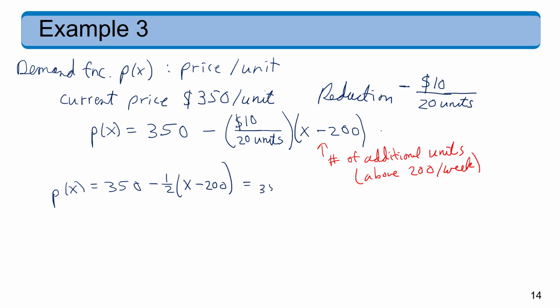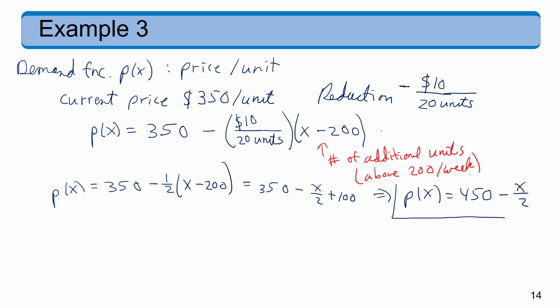So 350 minus X over 2 plus 100. And then you could combine the 350 plus 100. So we end up with P of X equals 450 minus X over 2. Okay, so that is our demand function.